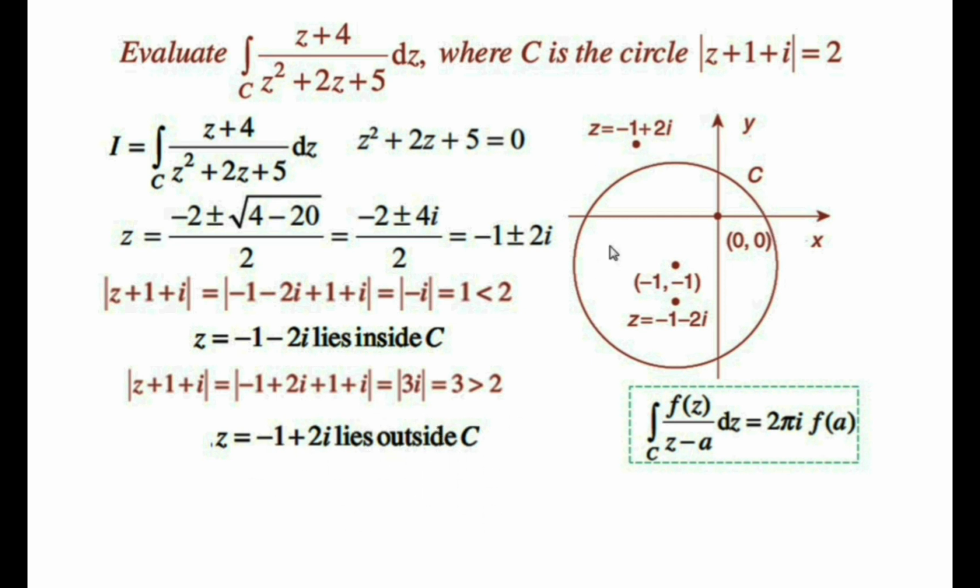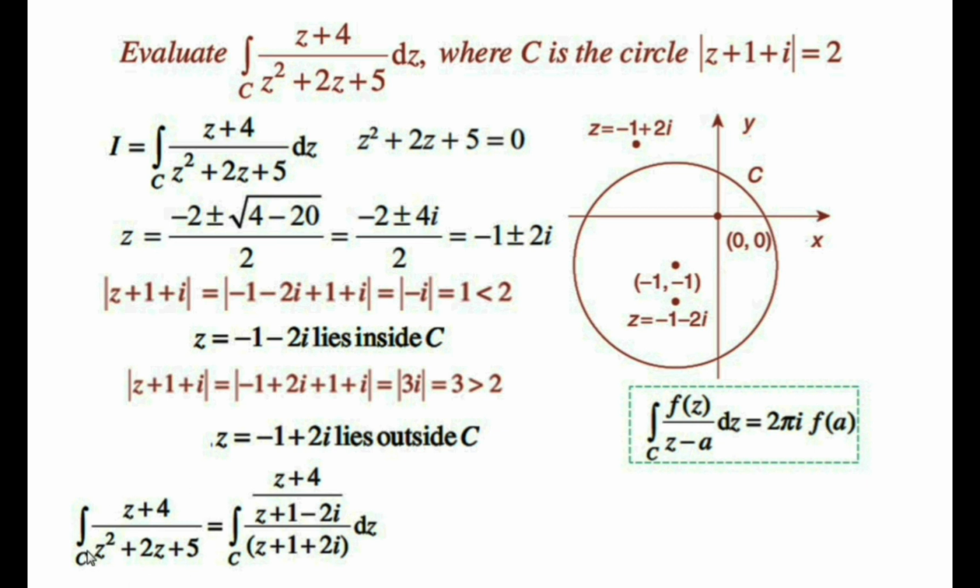So based on this information, let us assume that f of z is (z plus 4) by (z plus 1 minus 2i). Based on Cauchy's integral formula, here f of z is analytic inside and on the closed curve C. We have the integral over C of (z plus 4) by (z square plus 2z plus 5) dz equal to the integral over C of (z plus 4) by (z plus 1 minus 2i) as the function f of z, and the denominator we have z minus a, that is z plus 1 plus 2i, dz.